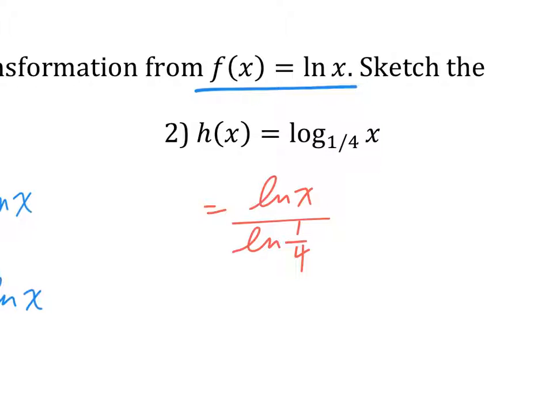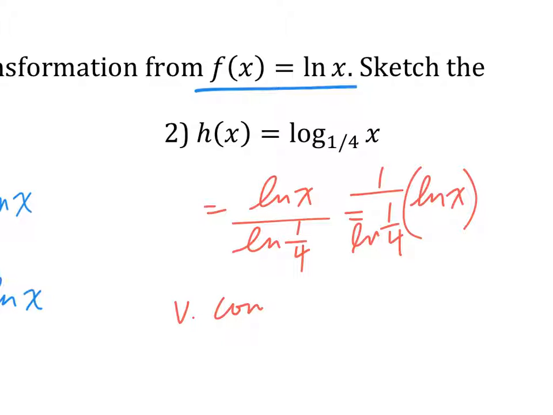So, Junior, can you tell me the transformation? What kind? Okay, vertical, it's not a stretch because this is going to be natural log x times 1 over natural log 1/4. I believe that number is less than 1. Sorry, between 0 and 1.